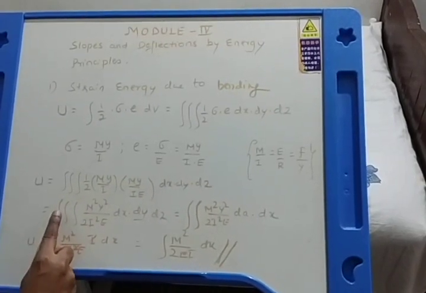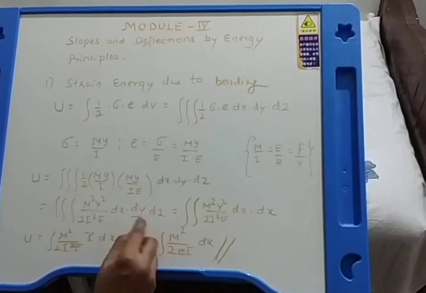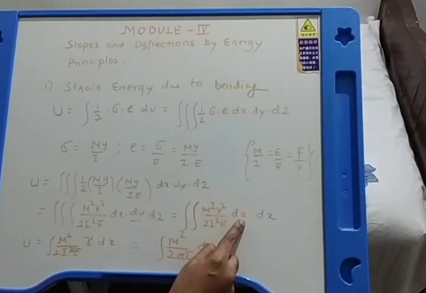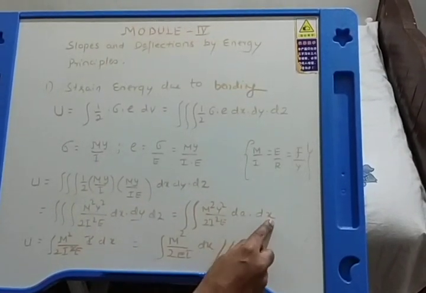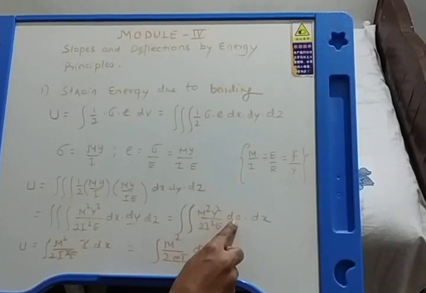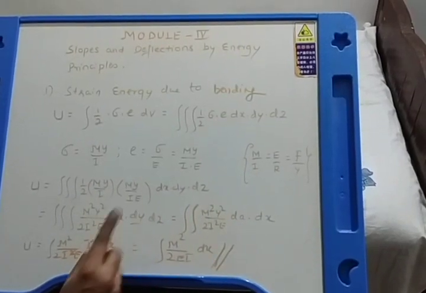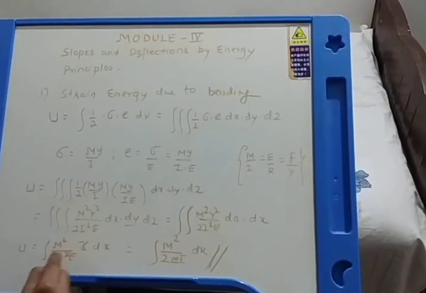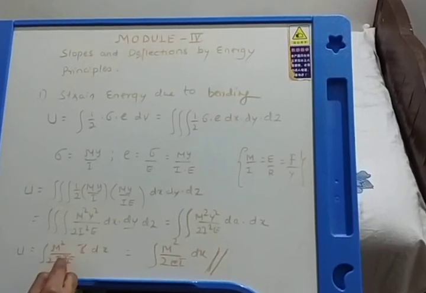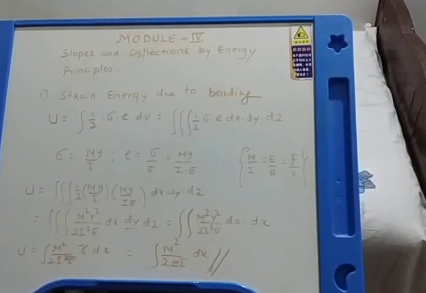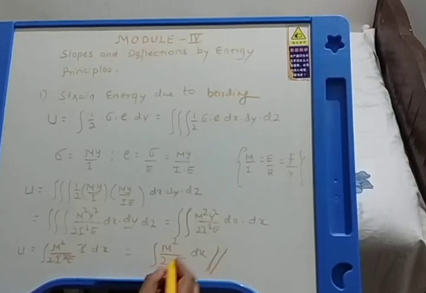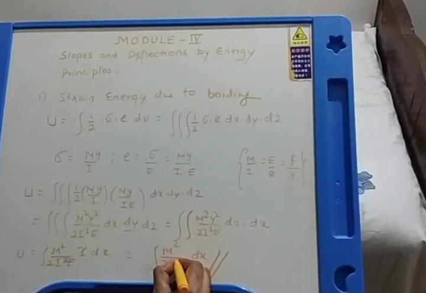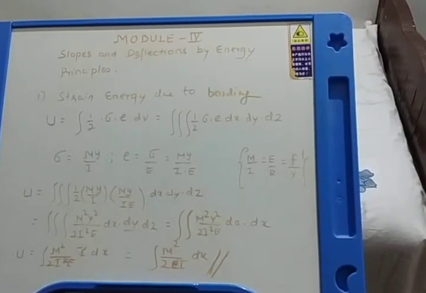One integration term goes because I have replaced dy dz by dA. So single integration dA, then dx. And integration y square dA is I, the moment of inertia that you had studied in elements of civil engineering. So substitute, cut that, you're going to get only one I, so it remains integration M square upon 2 EI dx. So this is how we find the expression for strain energy due to bending.